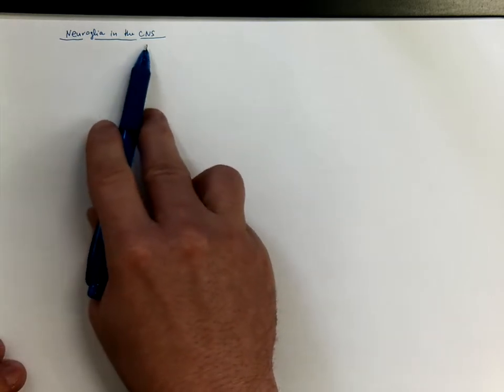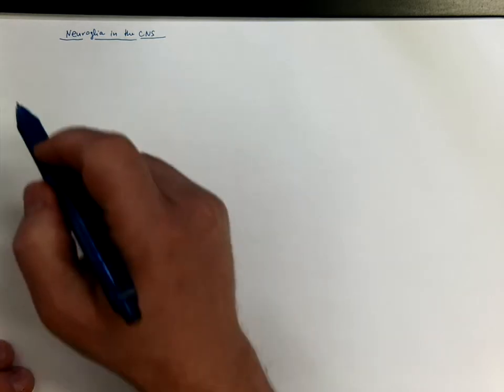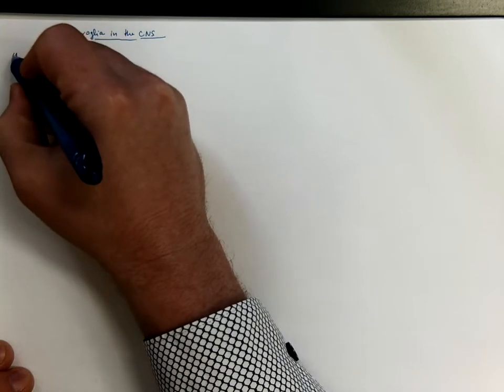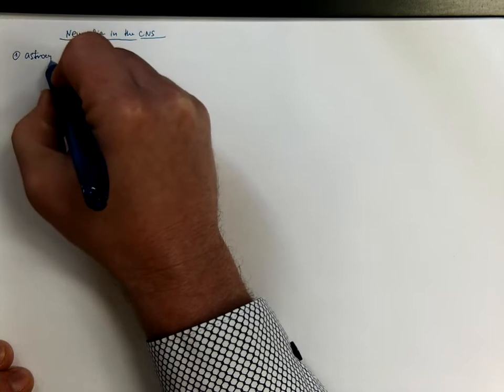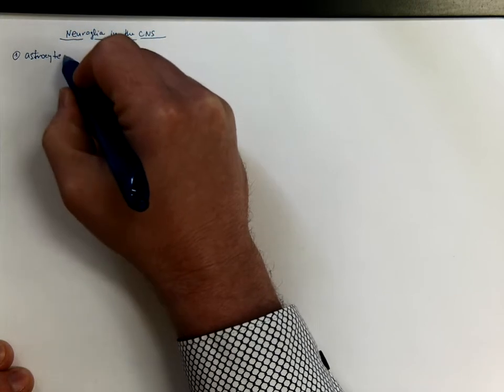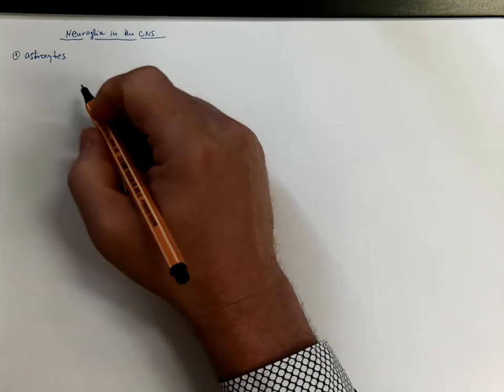Hello everybody, let's have a look at neuroglia cells that occur in the central nervous system. First to be mentioned are the astrocytes. There are two types of astrocytes, or two phenotypes.